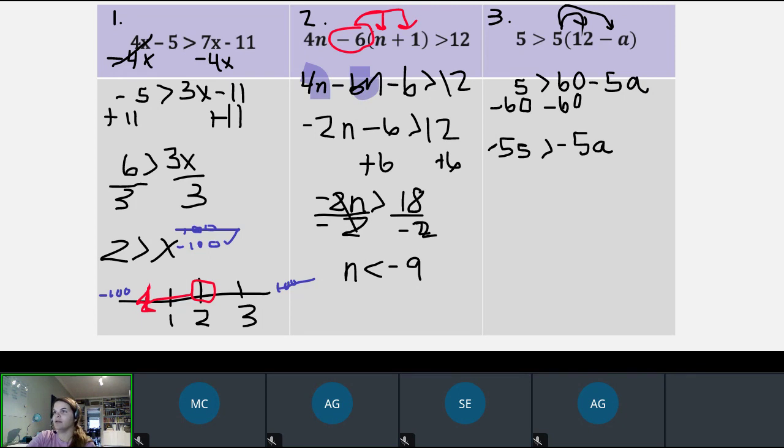Good, we're going to divide. What will we divide by? Good, awesome. Y'all are really getting it. Okay, we're going to divide by -5 and flip our sign. So what does that mean? What would we get?